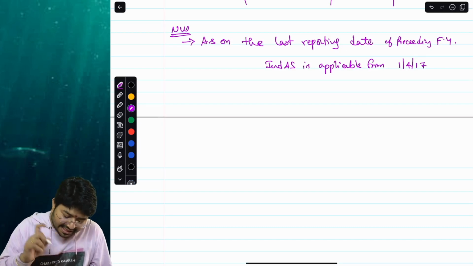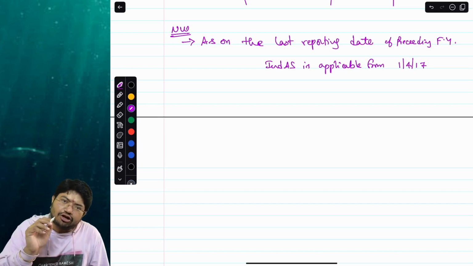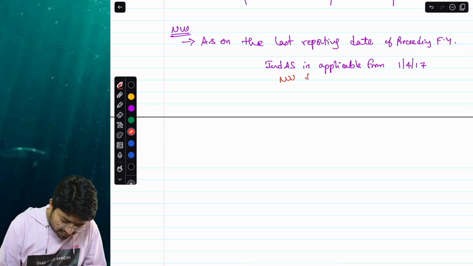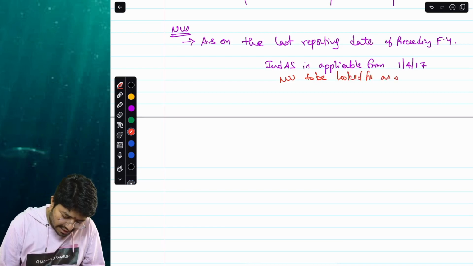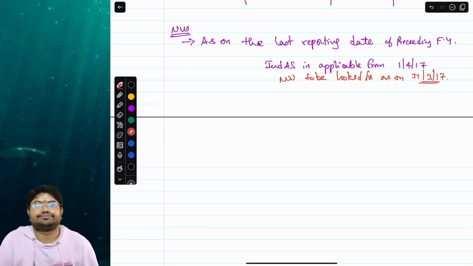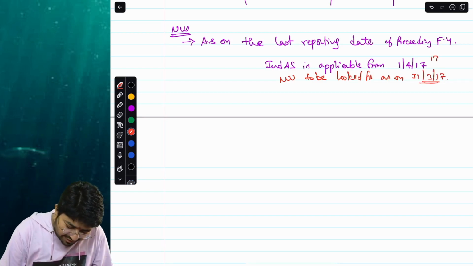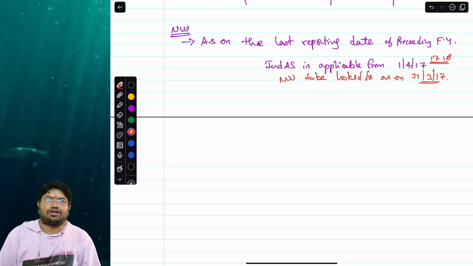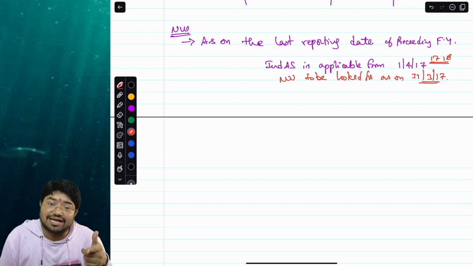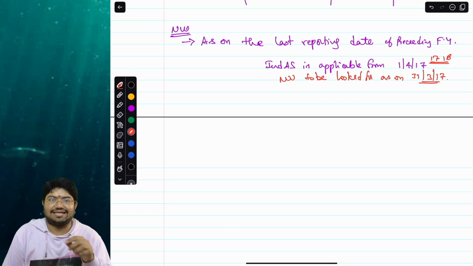Okay, in which case you should look for the net worth as on 31st March 2017, because for the 17-18 financial year Ind AS is applicable is what you are saying. What is the basis for you to decide 17-18 is the financial year from which Ind AS is applicable? Based on the net worth as on 31st March 2017. Am I making sense, people?